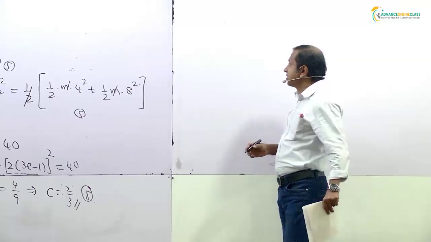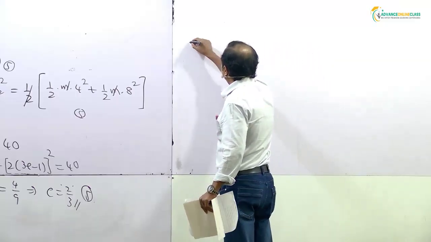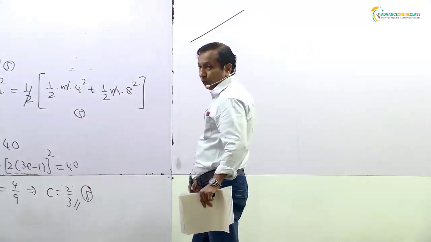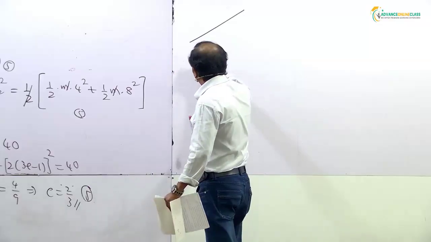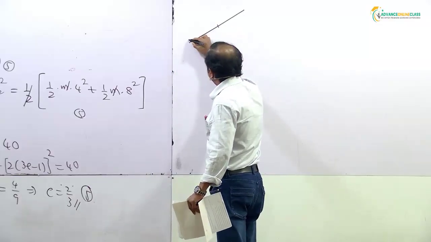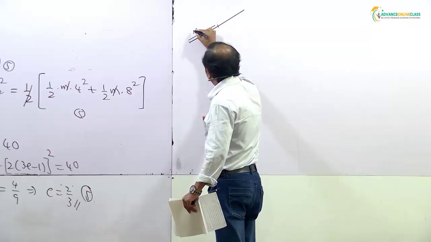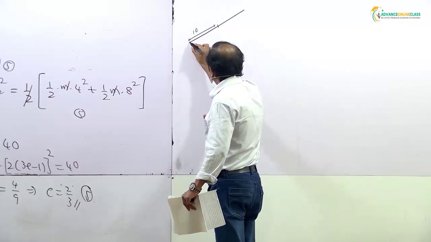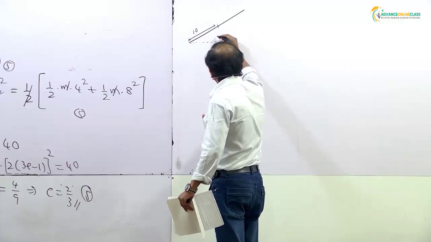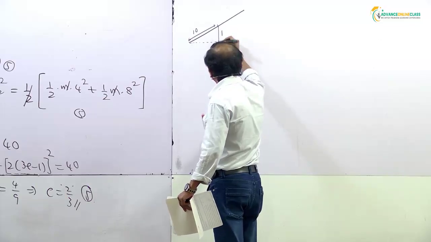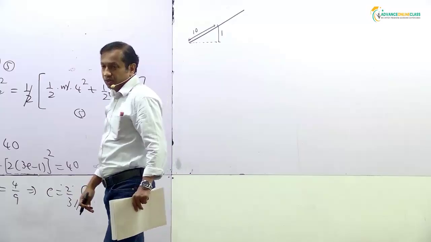Climbing along this hill, when it moves 10 units along the hill from the initial level, it rises 1 unit. That's the meaning of 10:1.